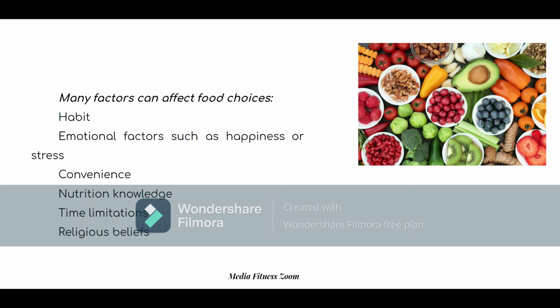Emotional factors such as happiness or stress also can influence our food choice a lot. Sometimes when we are happy, we can choose one type of food. When we are under stress, we can sometimes choose not so healthy food, as for example chocolate.